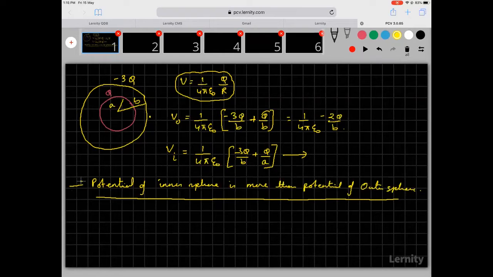Okay. So in such a situation, if you join these two, charge will move from higher potential to lower potential.